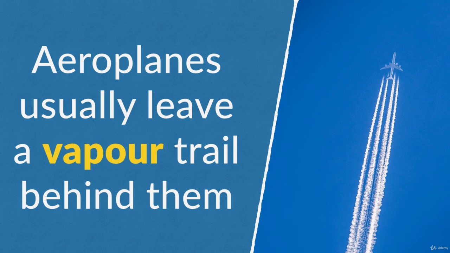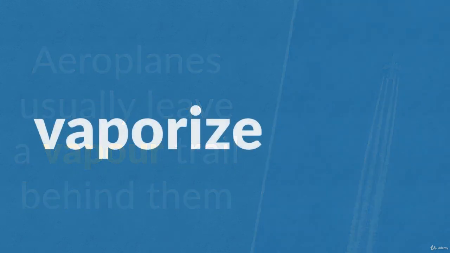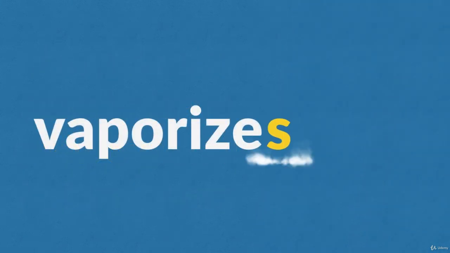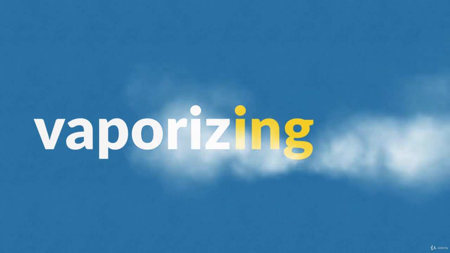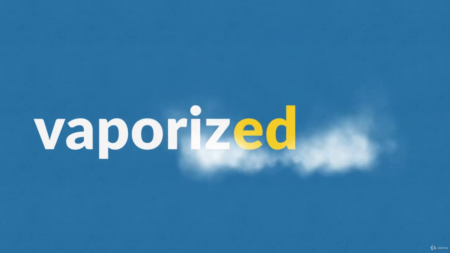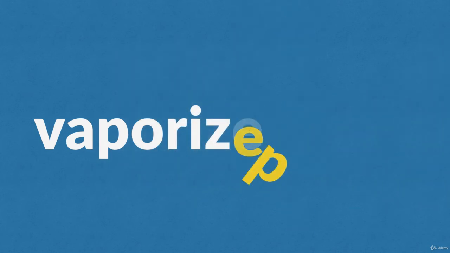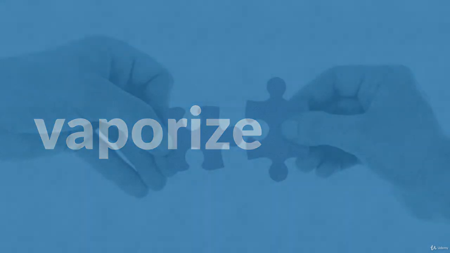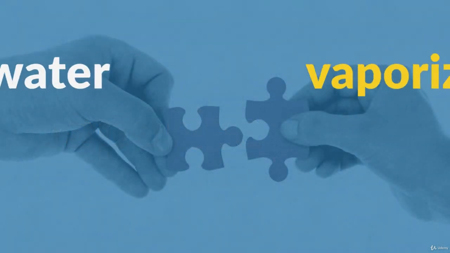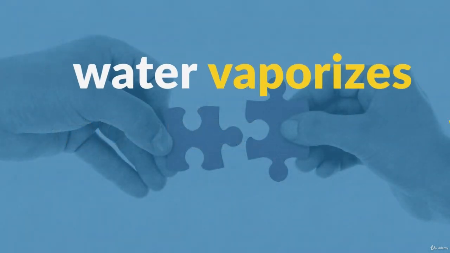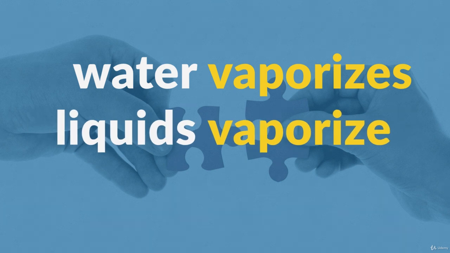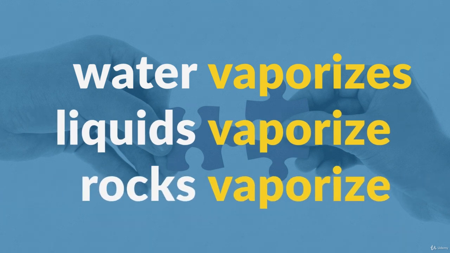So vapor here is spelt in the British English way. So vaporize is a verb, so vaporizes, vaporizing, vaporized. Some collocations. Water vaporizes, liquids vaporize, and also solids, rocks, vaporize.